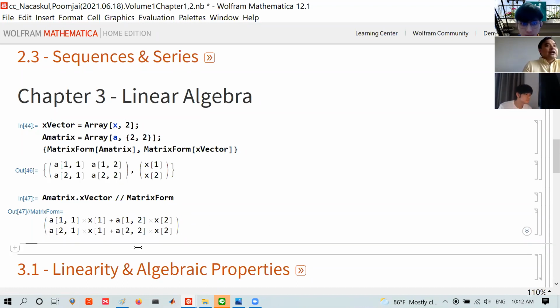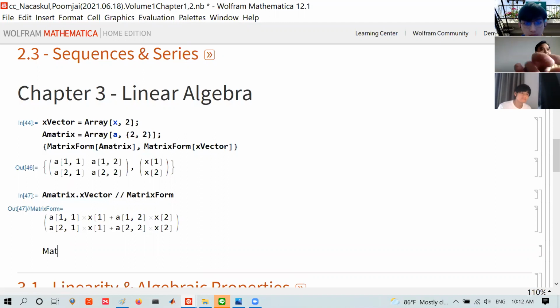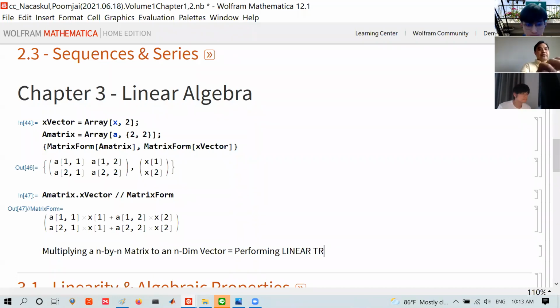Technically, multiplying an n by n matrix to an n-dimensional vector is equal to performing what's called a linear transformation.